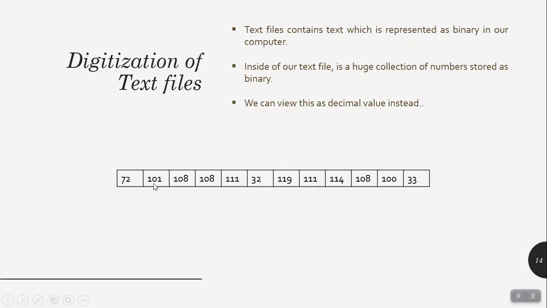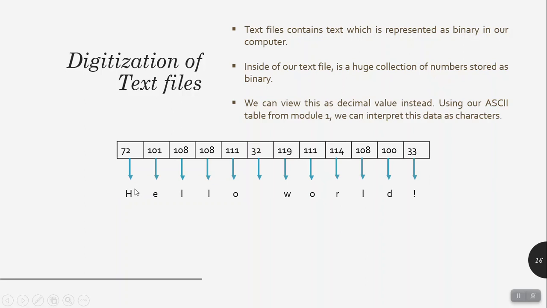And we could look up our ASCII table and locate the characters associated with these decimal numbers. Say for example, 72 is H, capital H. 101 is small letter e. The 108s are small letter l, and so on.